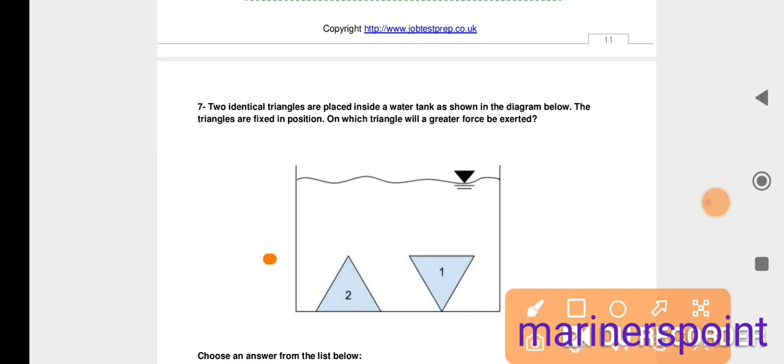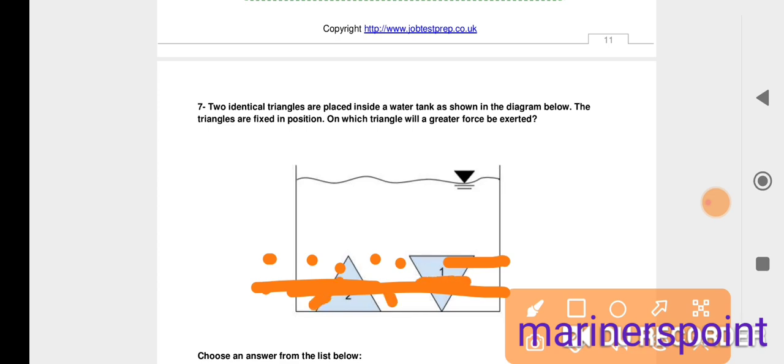Check, for this point the area is less but the area here is more. As we go down the area is increasing, so the pressure is increasing. At the same level, the water level is the same, so the pressure is the same but the area is increasing, that's why the force is increased.